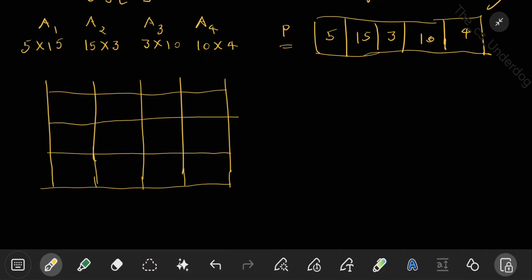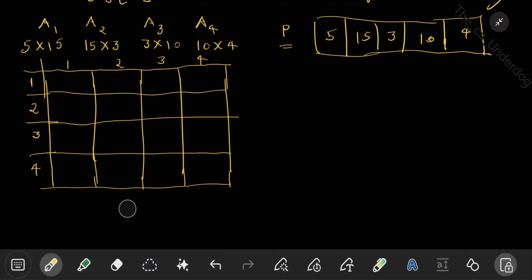When I'm numbering, keep in mind that when I say 1, that means A1. When I say 2, that means A2 and so on. 1, 2, 3, 4. So here 1, 2, 3, 4 signifies A1, A2, A3 and A4. Next, here also I'll have 1, 2, 3 and 4. So these columns and rows signify the matrices A1, A2, A3 and A4.